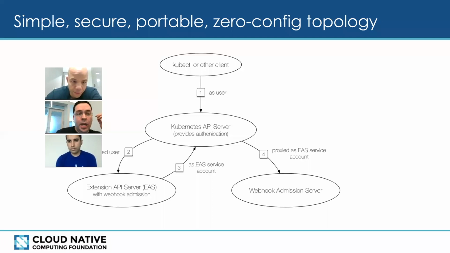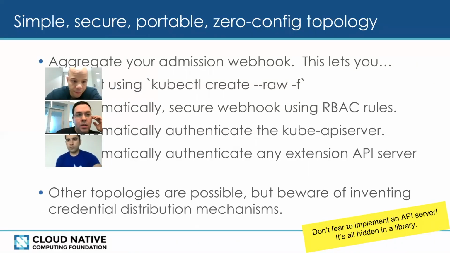So if we go to the next slide, I have just a brief summary that gives you the benefits, right? You can test it with kube control, you automatically secure it with RBAC rules, and it works for all kinds of servers. Other topologies are possible to build, but when you build them, you need to be careful about inventing credential distribution mechanisms. They're very hard to maintain.